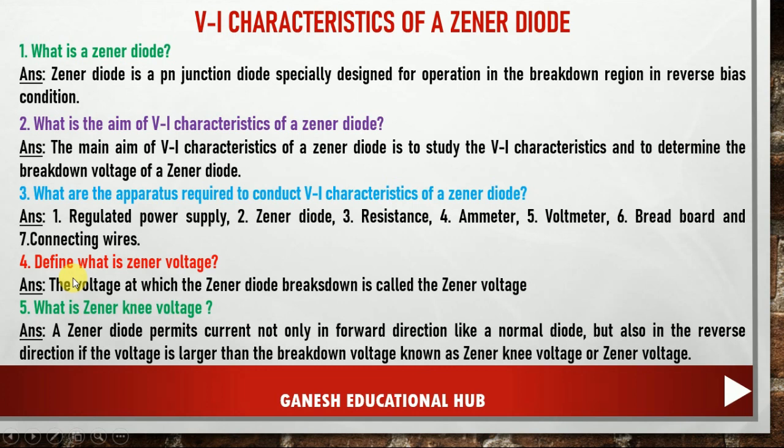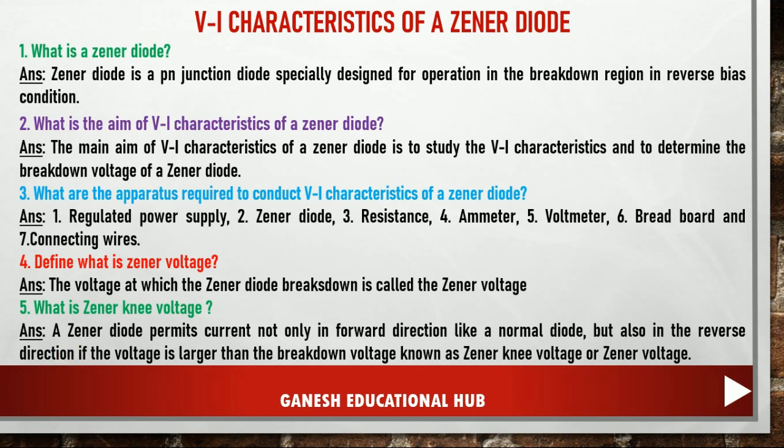Fourth question: define what is Zener voltage. The voltage at which the Zener diode breaks down is called the Zener voltage. What is Zener knee voltage? A Zener diode permits current not only in forward direction like a normal diode, but also in reverse direction.